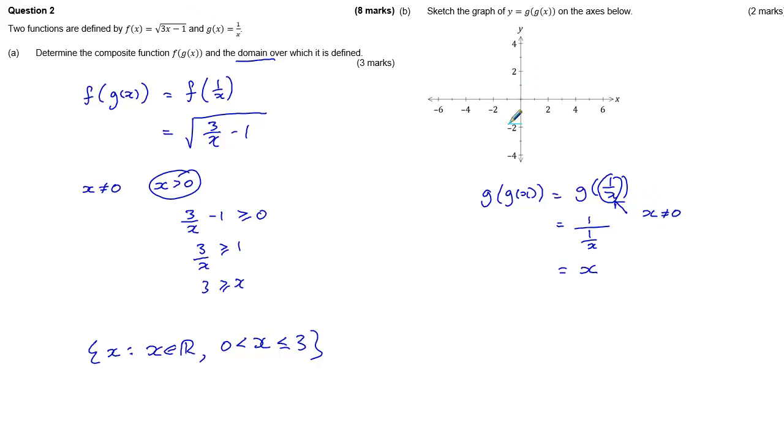So what we need to draw is the straight line y equals x, and you probably should do it a bit more carefully than I am, because I'm not making sure it goes through 2, 2 and everything. I'm just putting the shape on there. But we need the hole in the middle there, where this cannot be part of the domain.